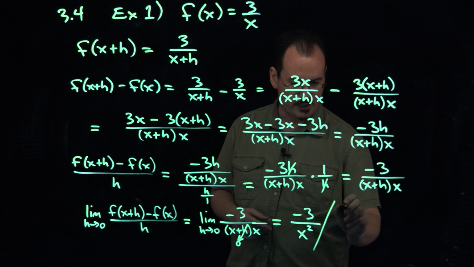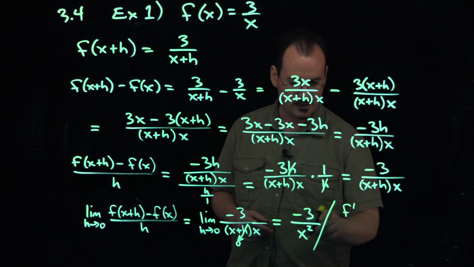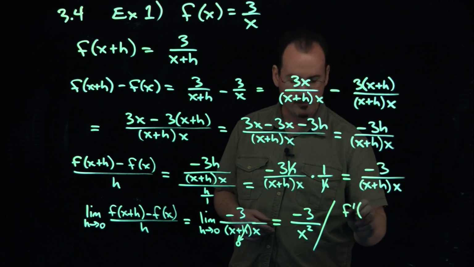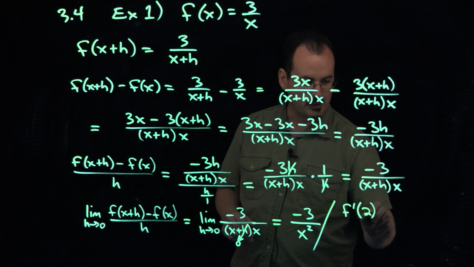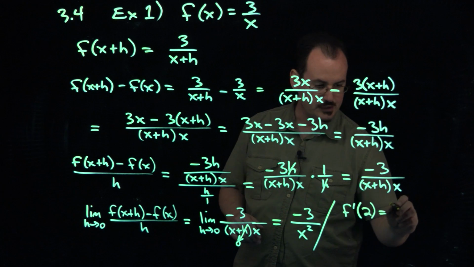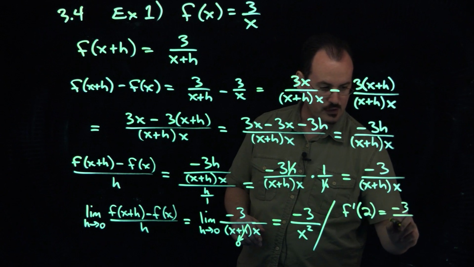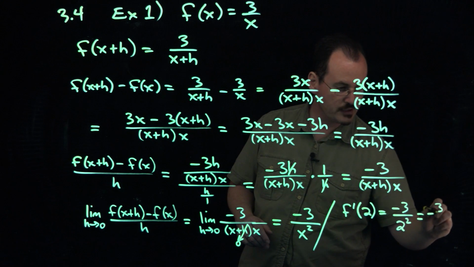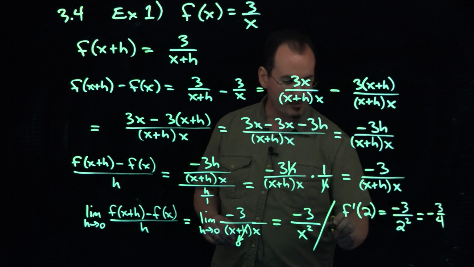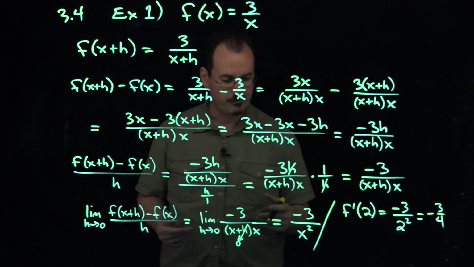If I want to find f prime, so that is f prime right there, f prime of 2, that just means I'm going to plug in 2 for the function that I just got. So minus 3 over 2 squared. So that's minus 3/4. F prime of 0, notice that's going to be undefined. Why?